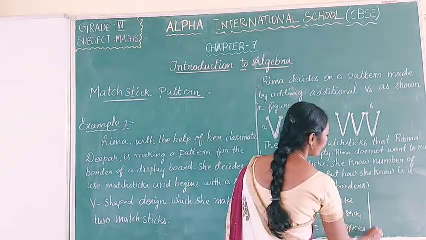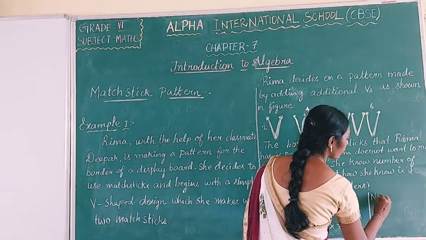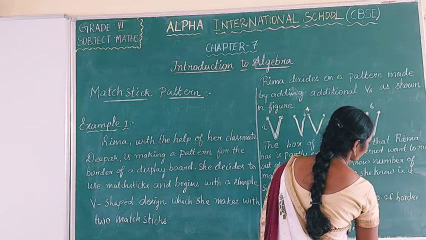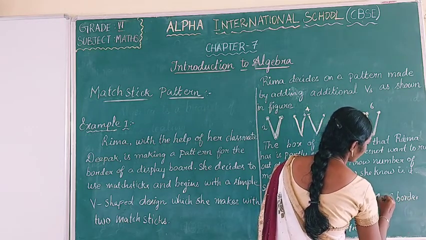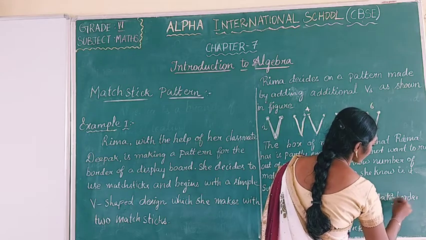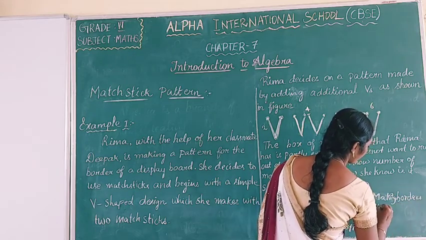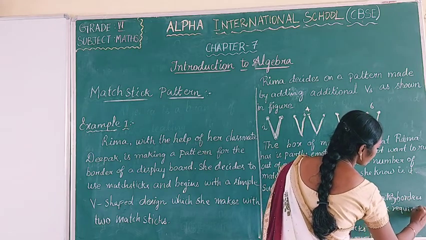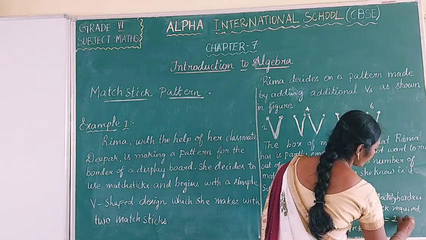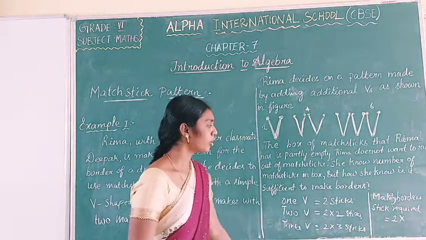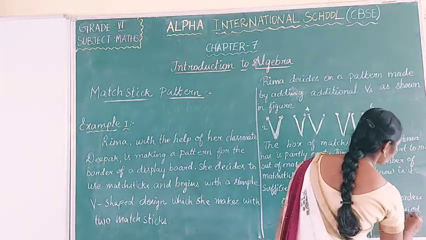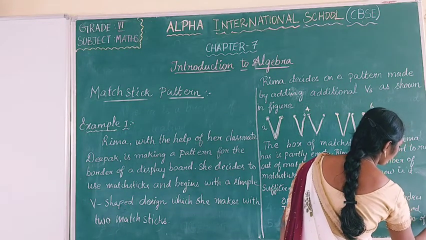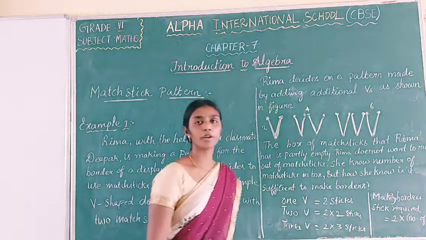So, to make the borders, the number of sticks required is equal to 2 into, because this 2 is common, 2 into the number of V's.